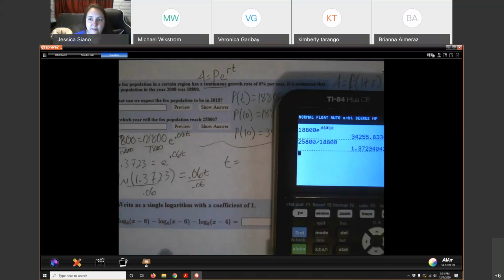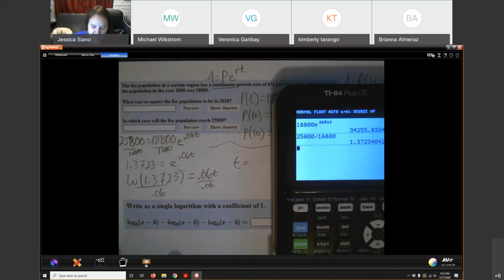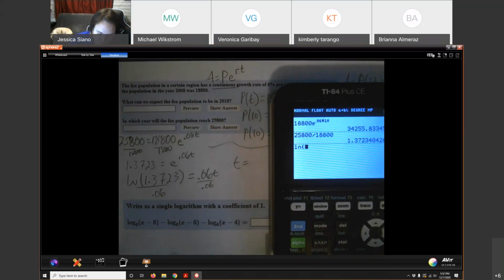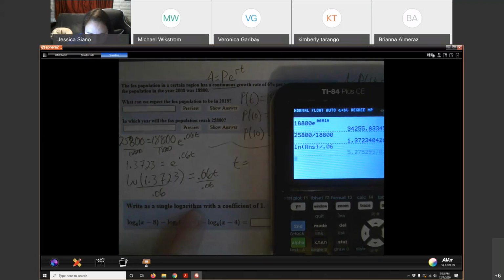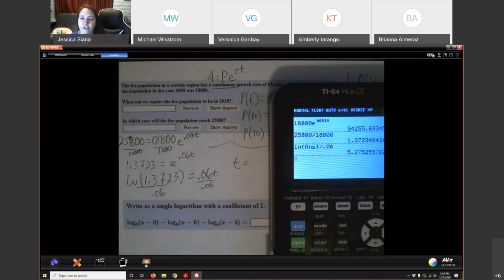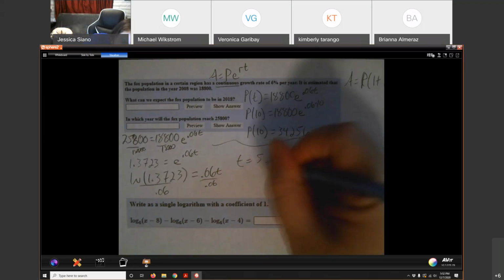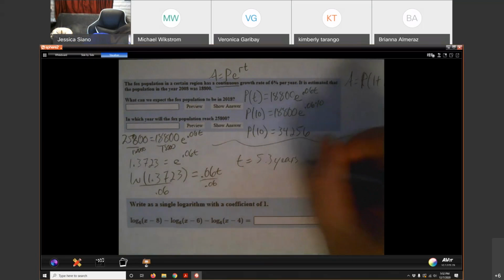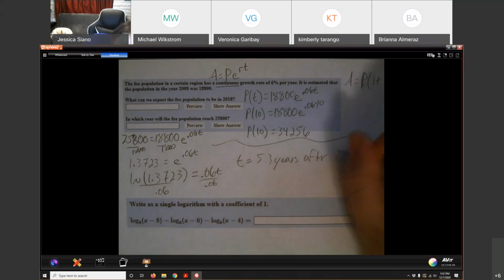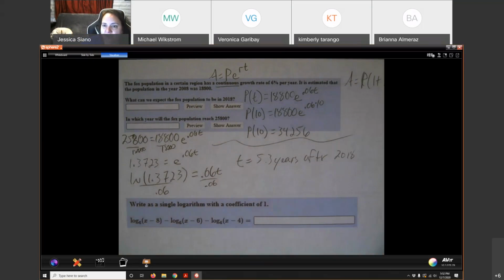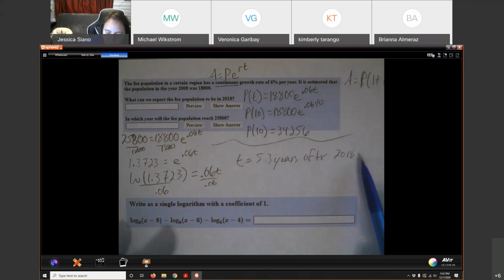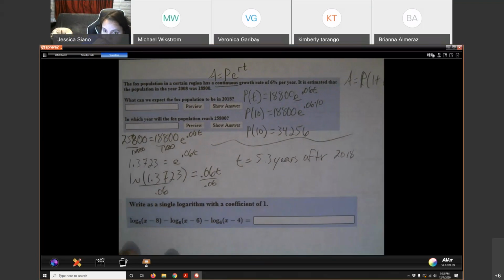The ln of that divided by 0.06. So this is 5.275 years later. So I want you to think about this. 1 year later would be 2019, 20, 21, 22, 23.